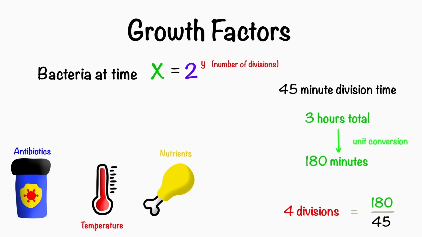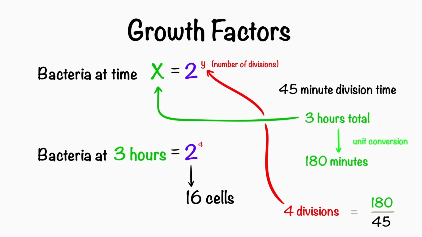Next, we divide the total time by the mean division time to find the number of divisions. 180 minutes divided by 45 minutes equals 4 divisions. Finally, we calculate 2 raised to the power of the number of divisions, so 2 to the power of 4 equals 16 cells. So after 3 hours, our single bacterial cell would have multiplied to become 16 cells.